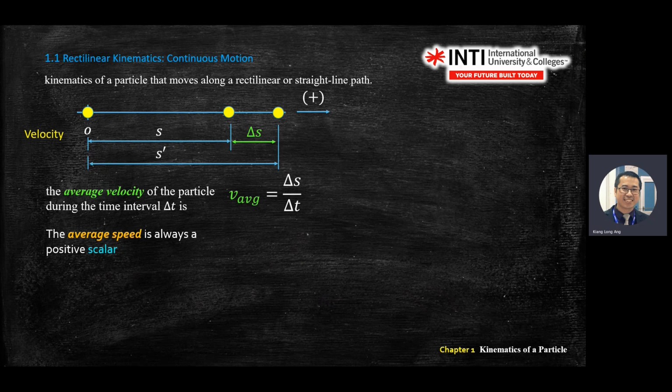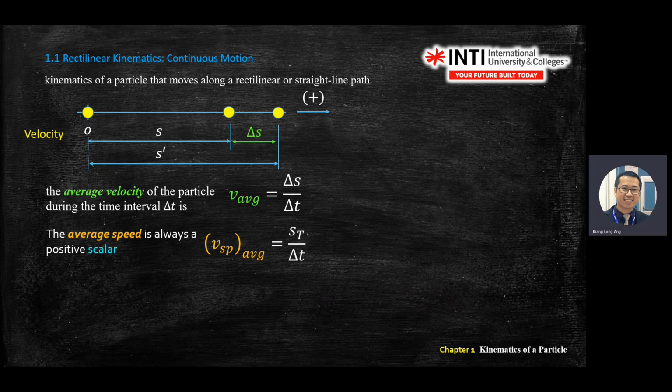Before I move to acceleration, there's two more slides. Average velocity just now, and then one more term that you use frequently in your physics when it comes to engine dynamics. Average speed. Speed is a scalar. Speed is a scalar, so be careful using velocity and speed in this module.